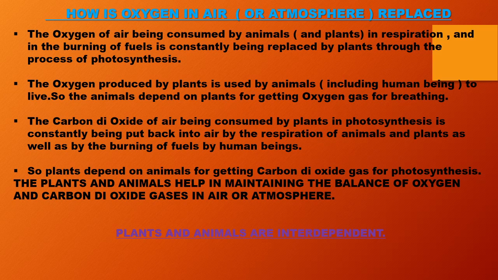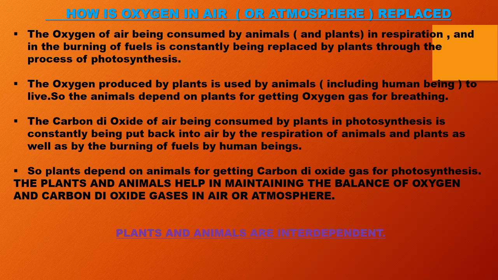But the amount of oxygen in the atmosphere is constantly replaced by the process of photosynthesis through the plants. Now how does it happen? In sunlight, plants take carbon dioxide and water to make food by the process of photosynthesis, and as a byproduct of photosynthesis we get oxygen gas.